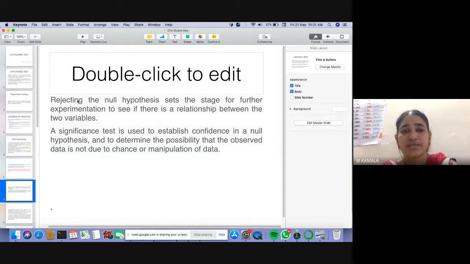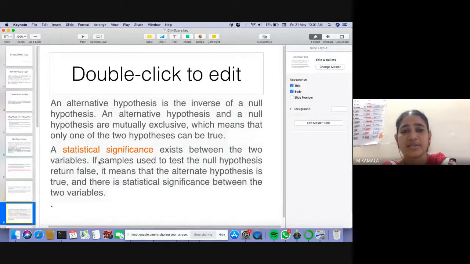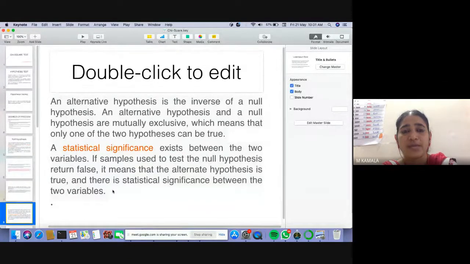To reject your null hypothesis, we need to do some experimentation, and that is what rejecting your null hypothesis means. Statistical significance is one thing which we need to find, and I will explain it in the middle when we take an example. As of now, take statistical significance as nothing but the probability, the p-value.